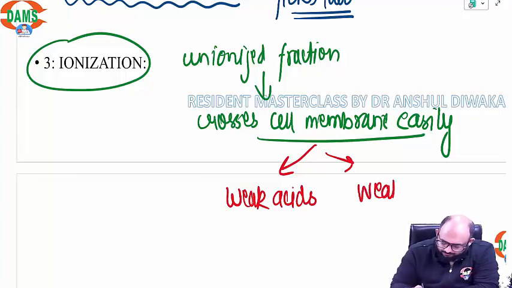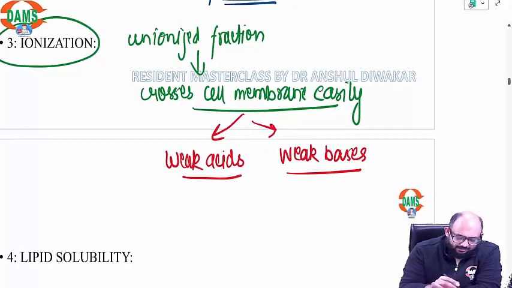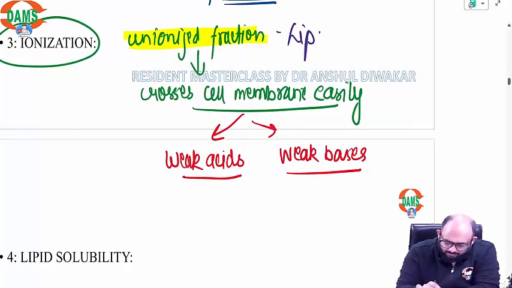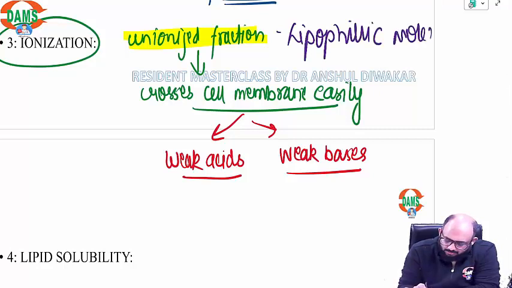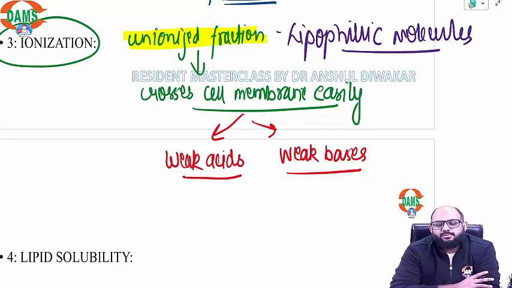Because they are always present in both forms, and it is the unionized fraction which is lipophilic. In general, lipophilic molecules pass through the plasma membrane easily. So the unionized fraction is what causes faster diffusion across the membranes.